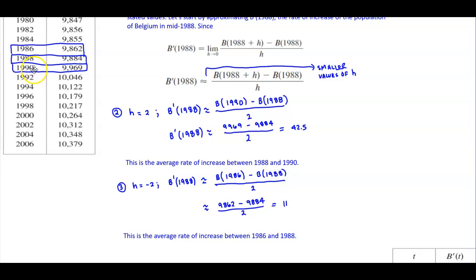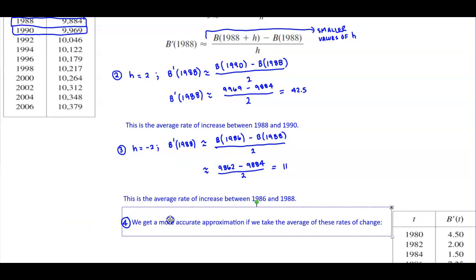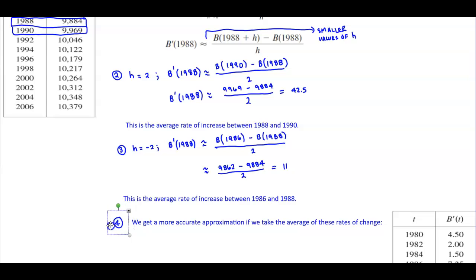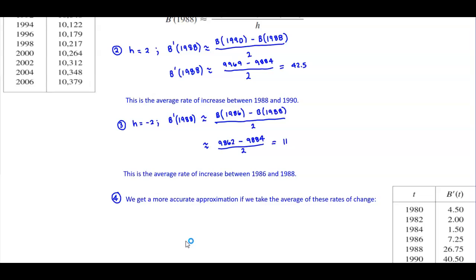And so if we want to take a better picture of what's going on between those 3 years, we can take the average of those. We can get a more accurate approximation if we take the average of these rates of change.